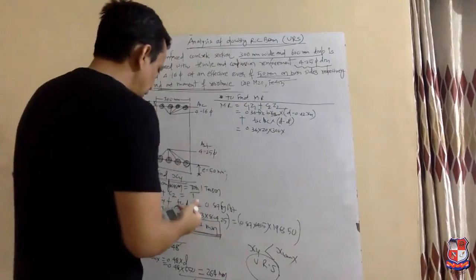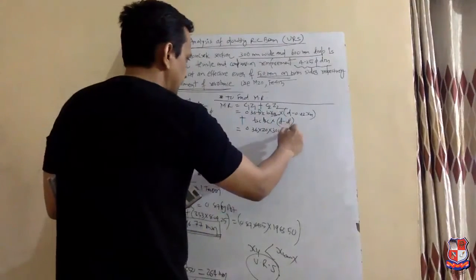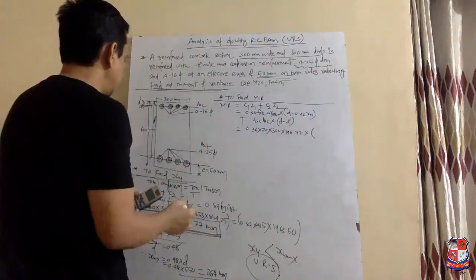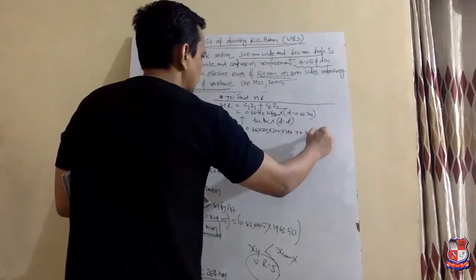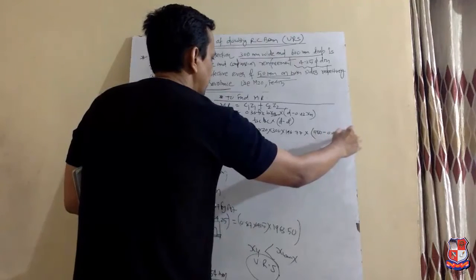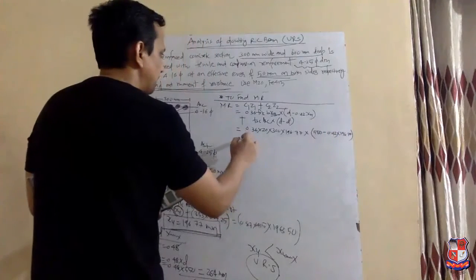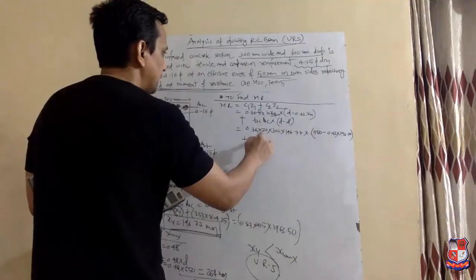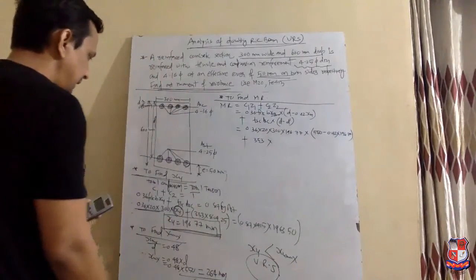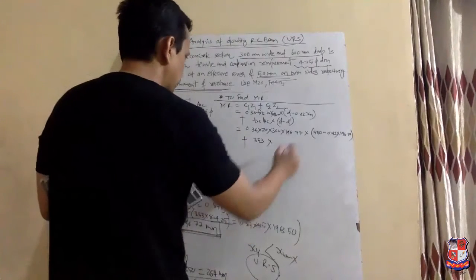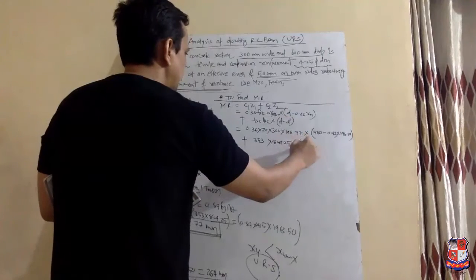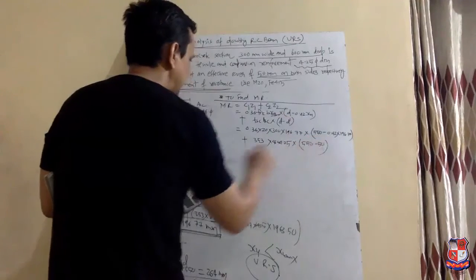So what is the value of XU? 196.77, into our effective depth is 550 minus 0.42 into 196.77, plus FSC 353, and ASC 804.25, into D, 550 minus 50.